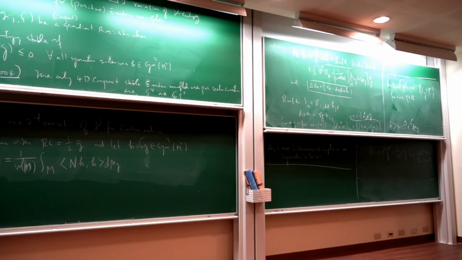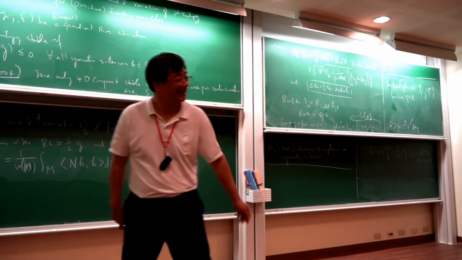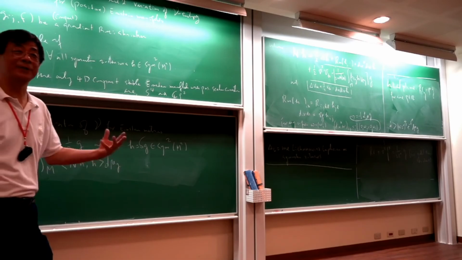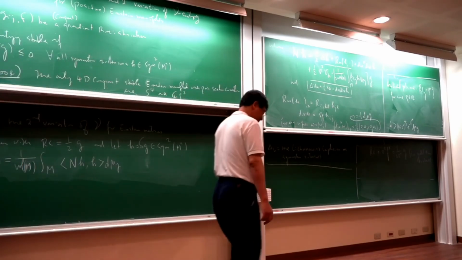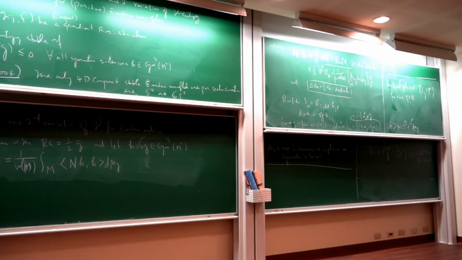Yes. But still, that part is not very well understood yet. For compact shrinkers in dimension four, we really need to understand W plus and W minus, how that part works, except if you assume some sort of harmonicity, say the divergence of W plus equal to 0 or something like that.